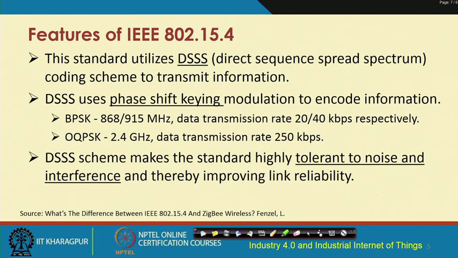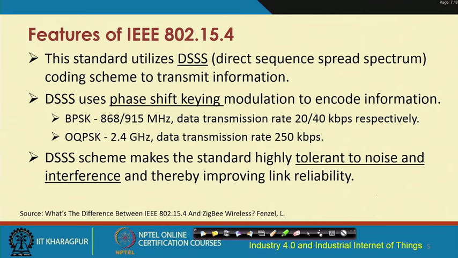Reliability, because these IoT systems typically operate in noisy environments where there is a lot of interference. So, the DSSS encoding scheme is good for sending information in channels exhibiting these noisy characteristics.